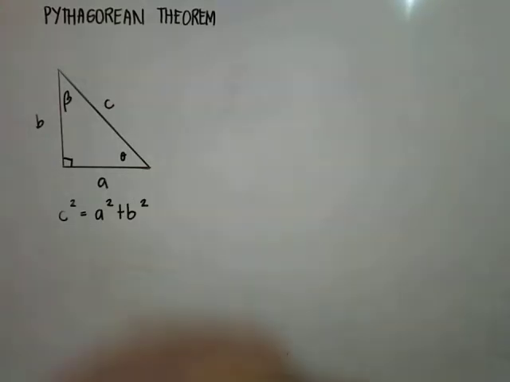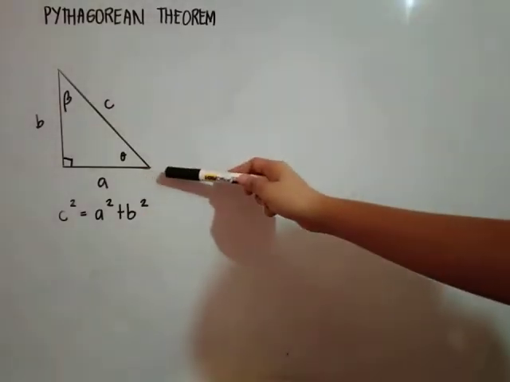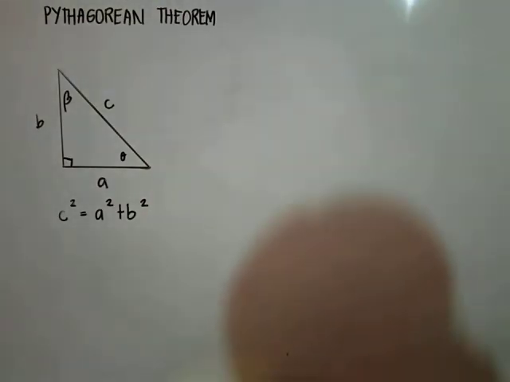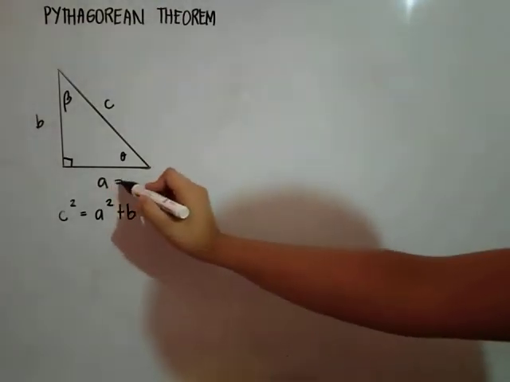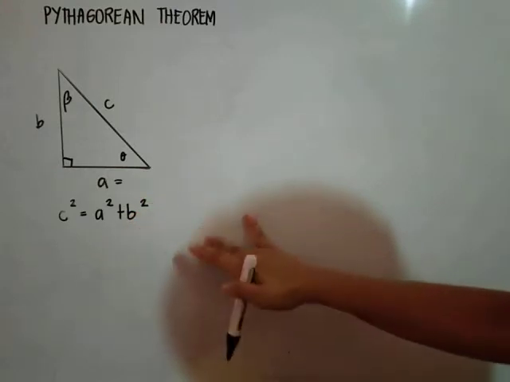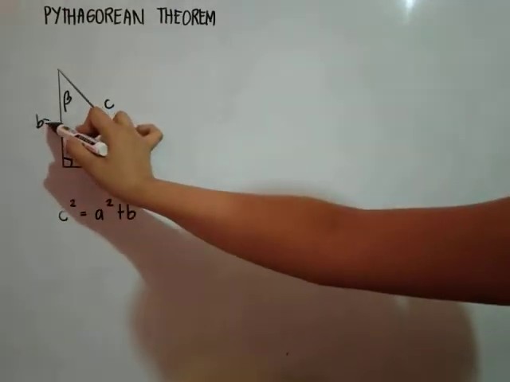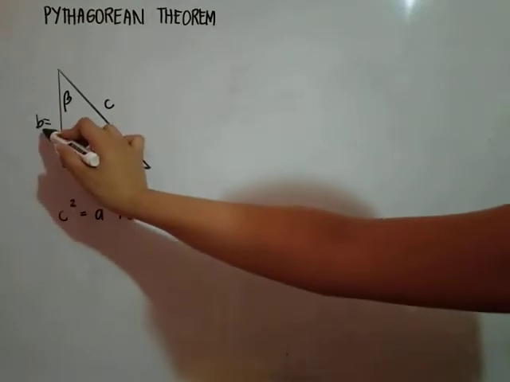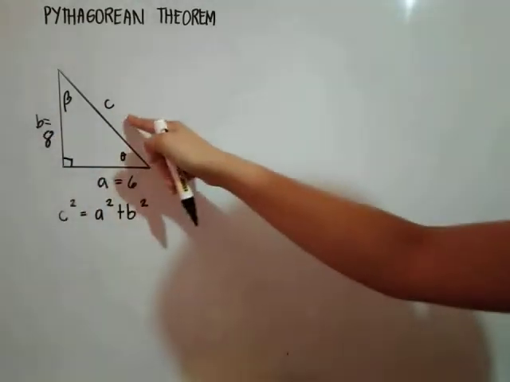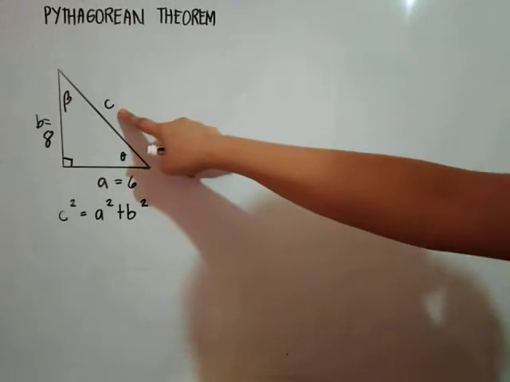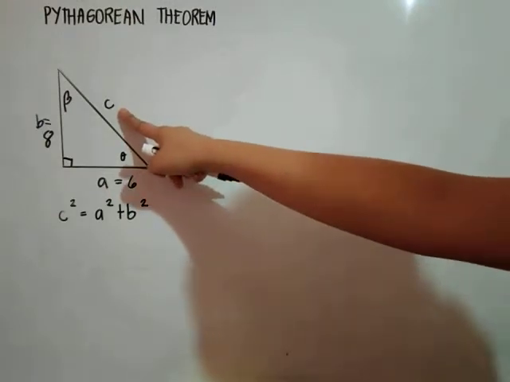So, halimbawa, let's say, meron tayong right triangle. Magbigay ako ng mga given. Nilagay ko dito is 6, and then halimbawa dito is 8. So itong third side, hindi ko na yan basta pwedeng i-guess lang, 'di ba?